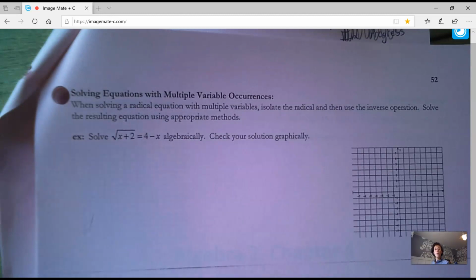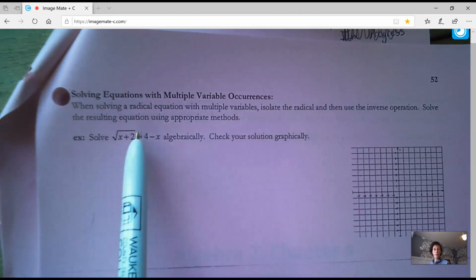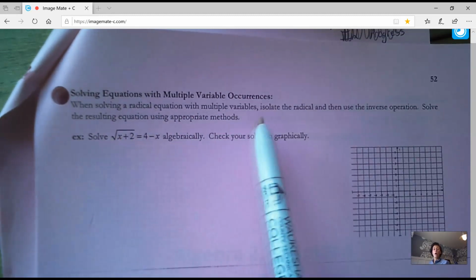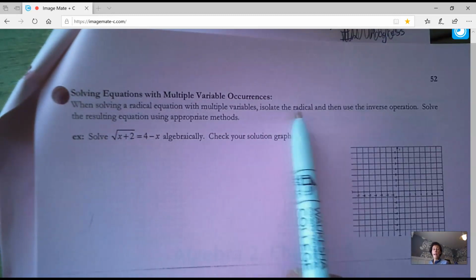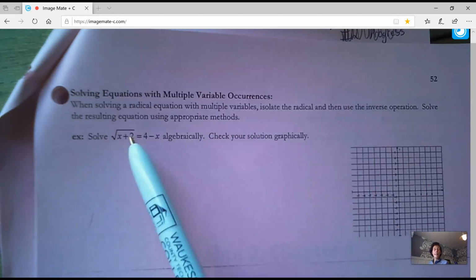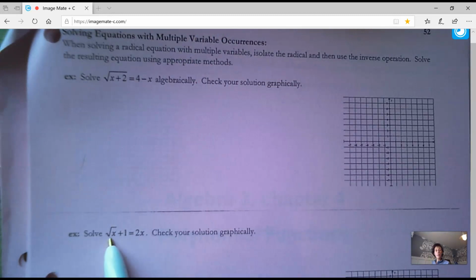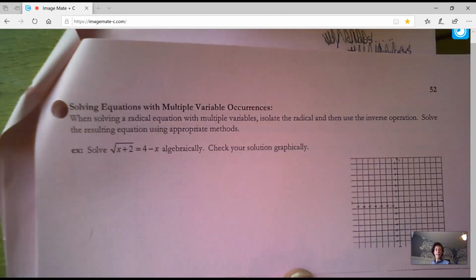So with more than one type of x, what we're going to have to do when solving a radical equation with multiple variables, so an x here, an x here, what we're going to have to do is isolate the radical, and then we're going to start to use inverse operations. So in this case, my radical is already isolated. In the one below, it's not isolated, so I would want to move the one over. So that's the key thing, is isolating the radical.